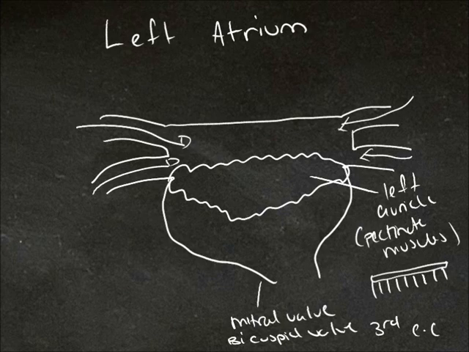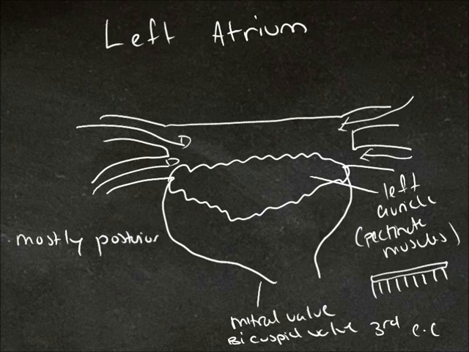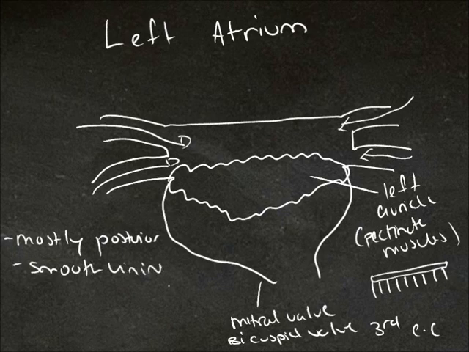The left atrium is mostly posterior, and it has a smooth lining. So the blood's coming in, going through the mitral valve into the left ventricle.